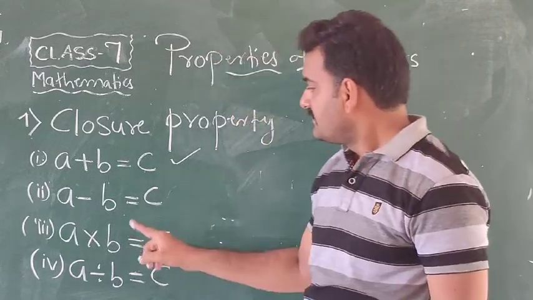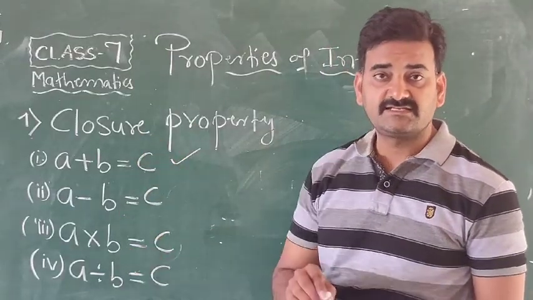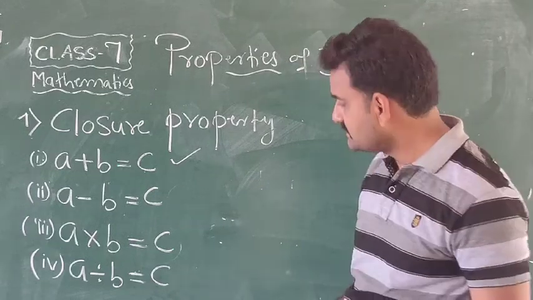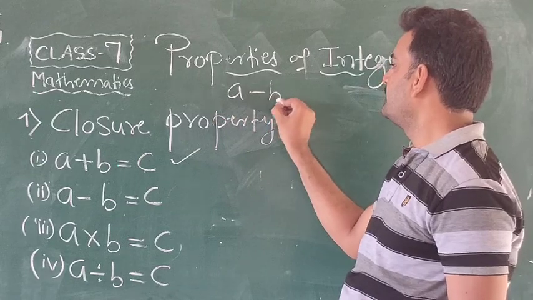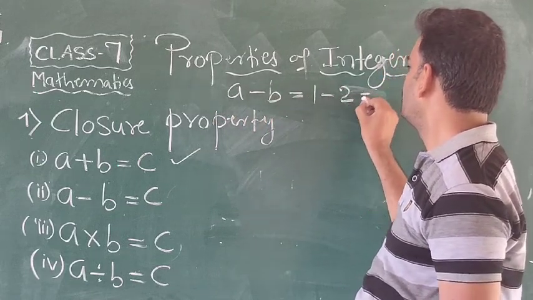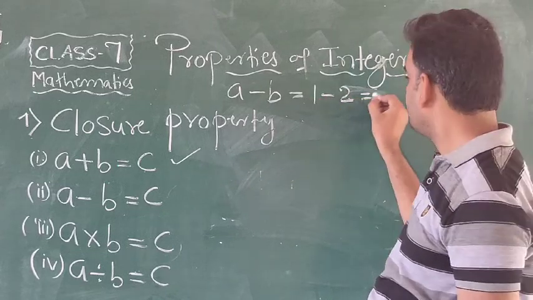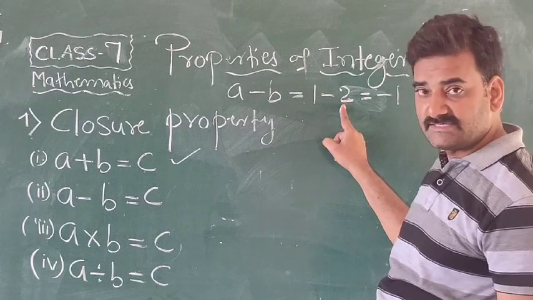Now closure property under subtraction, whether it holds good or not, we are going to check it. Same, a minus b. Let us say a is 1, b is let us say 2. 1 minus 2 is minus 1. 1 is integer. Minus 2 is integer.